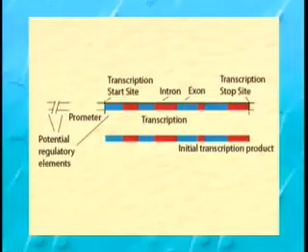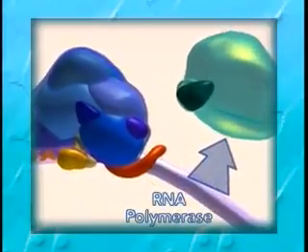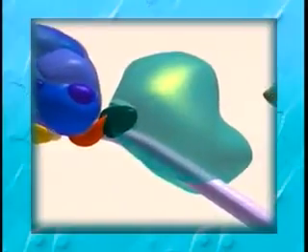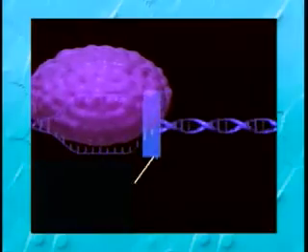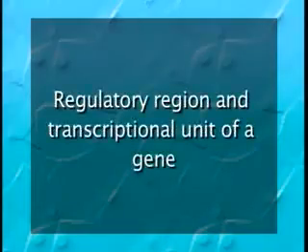The transcriptional unit starts from a transcription start site. This is the position where RNA polymerase initiates RNA synthesis during transcription, and this nucleotide is designated as the first nucleotide. Now, we will discuss the regulatory region and transcriptional unit of a gene.